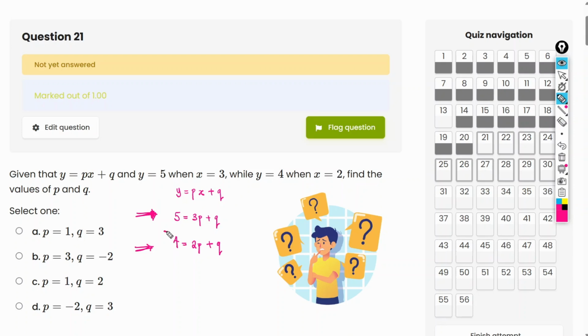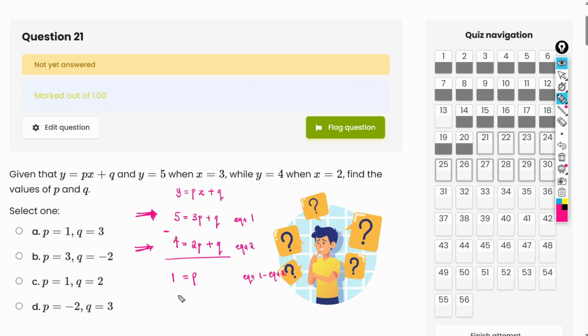So I'll get equation 1 minus equation 2. Q will cancel out q. 5 minus 4 is 1, and then 3p minus 2p is 1p. So I have p as 1.